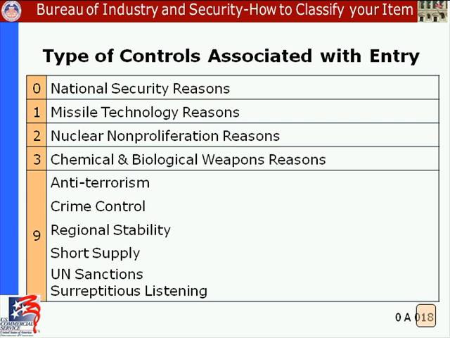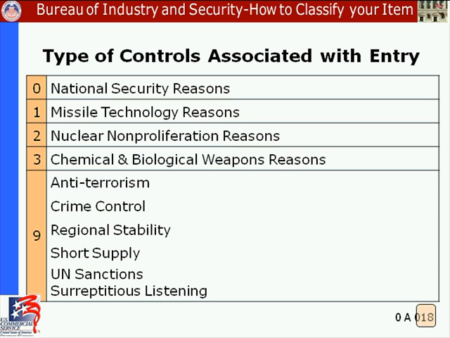So let me repeat. All 0-100 series items are controlled for national security reasons. Some 0-100 series items are also controlled for reasons listed below, such as missile, nuclear, or crime control, or chemical.